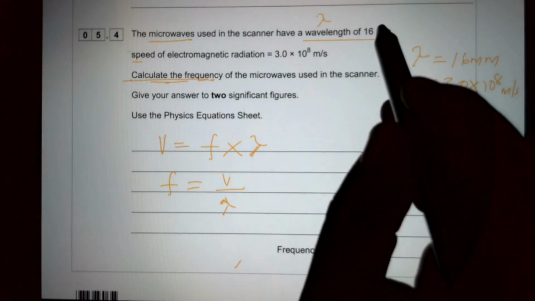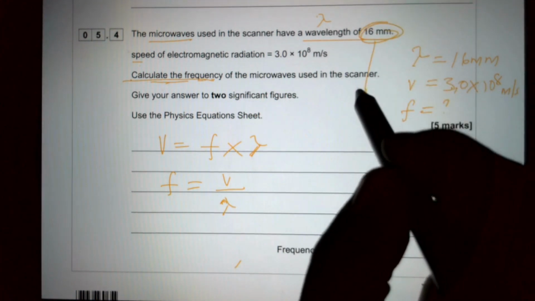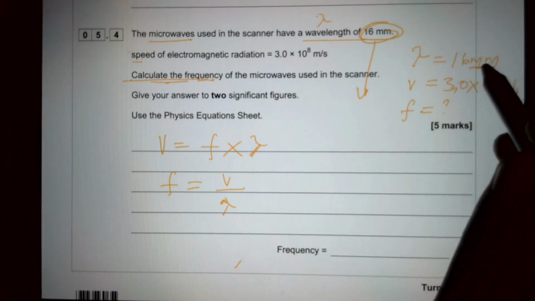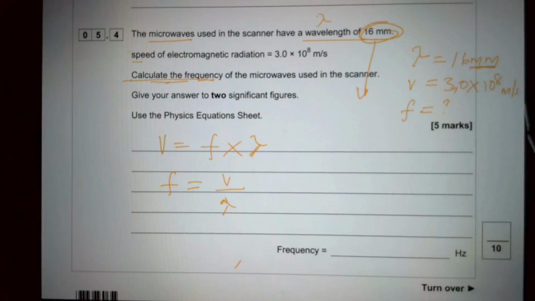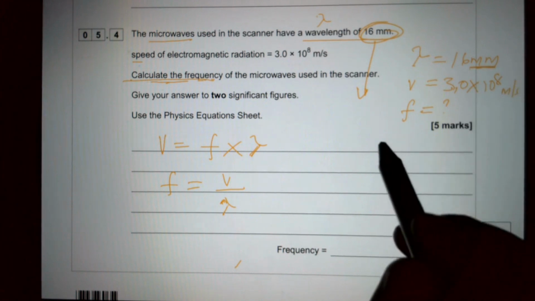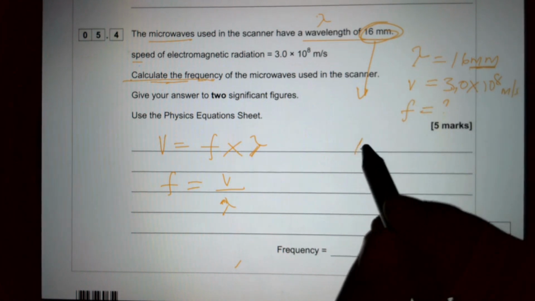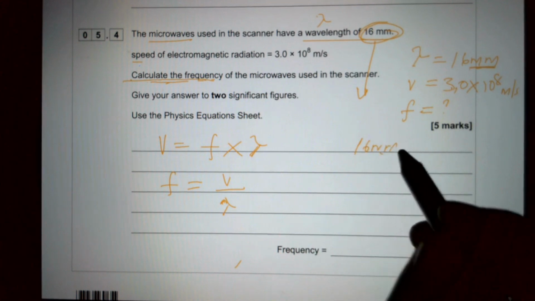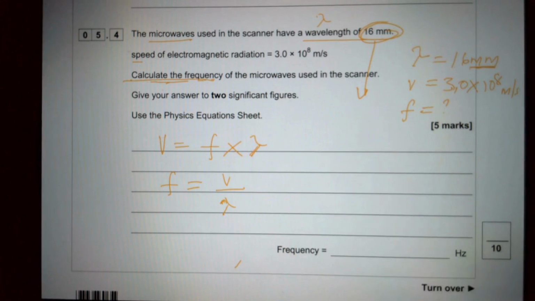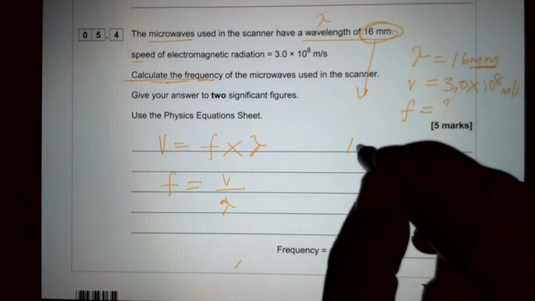But there is one thing that we need to do about our wavelength, about lambda here. Lambda is in millimeters, and we know that in physics we are not dealing with millimeters. Rather, we deal with meters, meaning that we need to convert the 16 millimeters into meters.